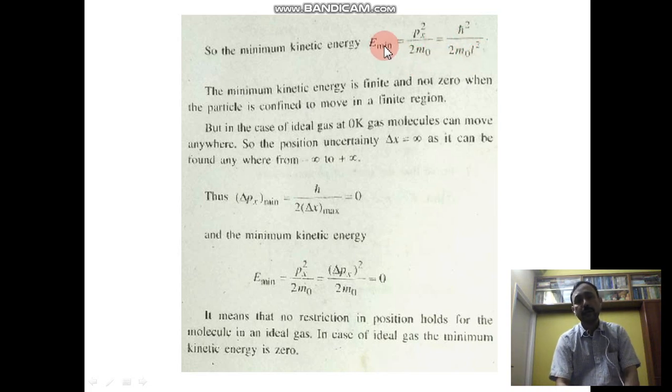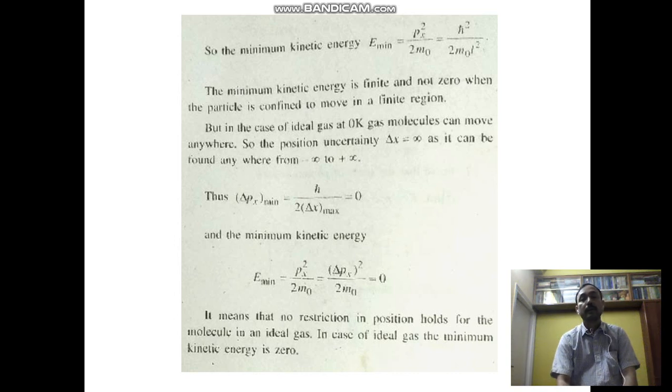So E minimum is equal to h cut square by 2 m0 L square. The minimum kinetic energy is finite and not 0 when the particle is confined to move in a finite region.